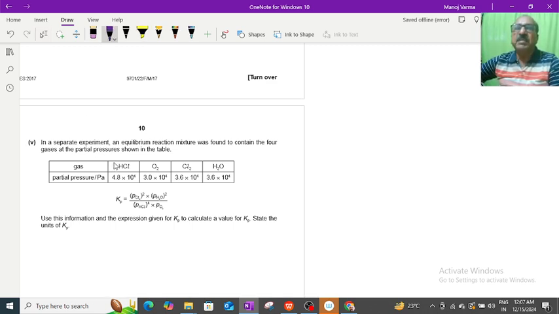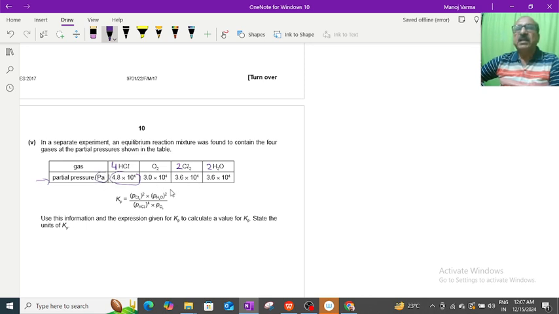If you remember, this was 4, this was 4, and this was 2, and this was 2. And this is a new experiment. So they have given the partial pressures of all of these.